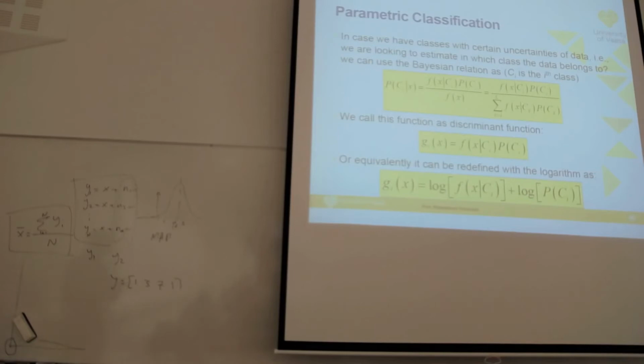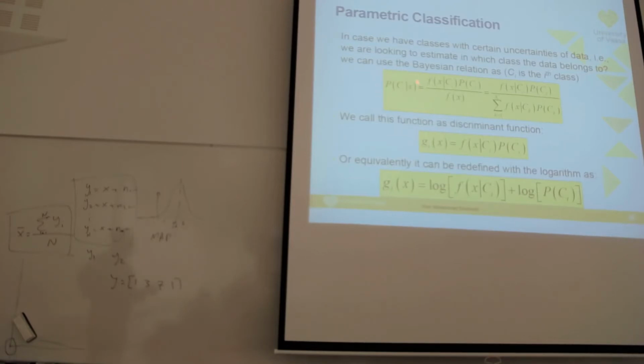So now we assume that we have k classes. It can be C1 or C2 or C3 or whatever. What is the probability of being in class Ci based on the available attributes that we have?